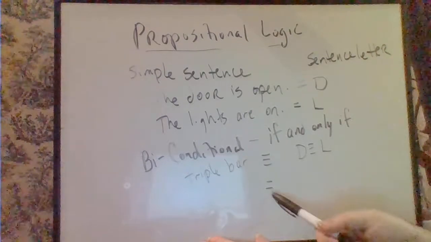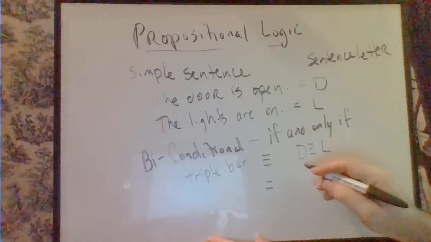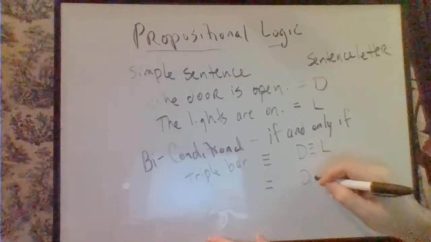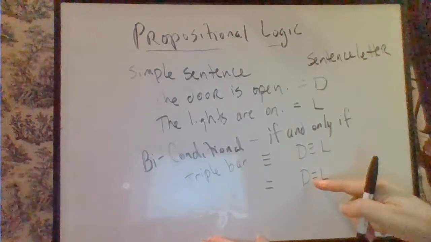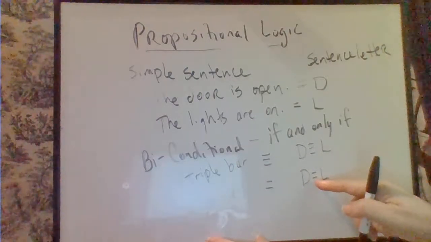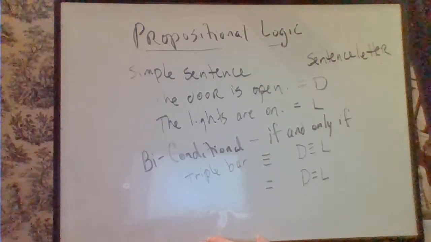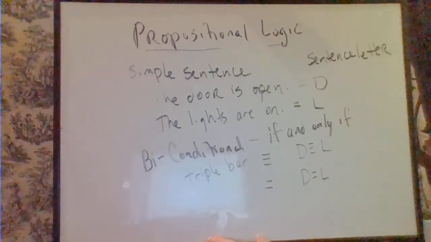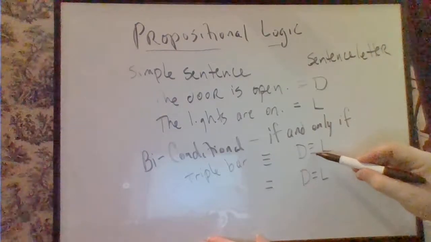So it actually kind of makes sense to be an equal sign rather than the triple bar. But anyway, for the work on the computer that I give you for the exams and whatnot, you'll see the equal sign for the biconditional. And again, I'll give you all of that information on the screen so that you're able to be reminded of the different symbols. But in the book, it'll be a triple bar.